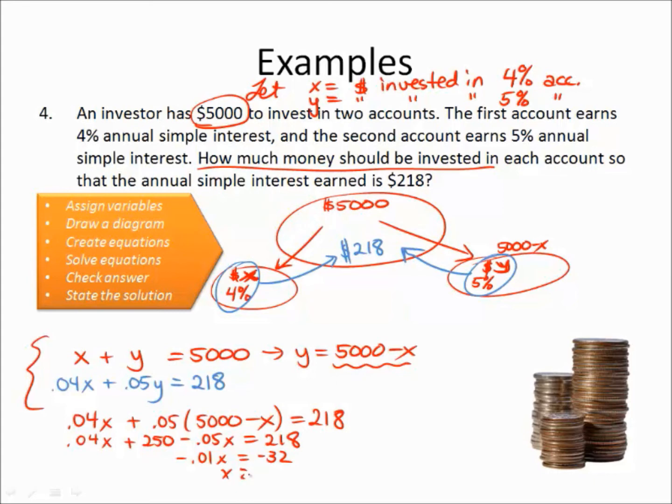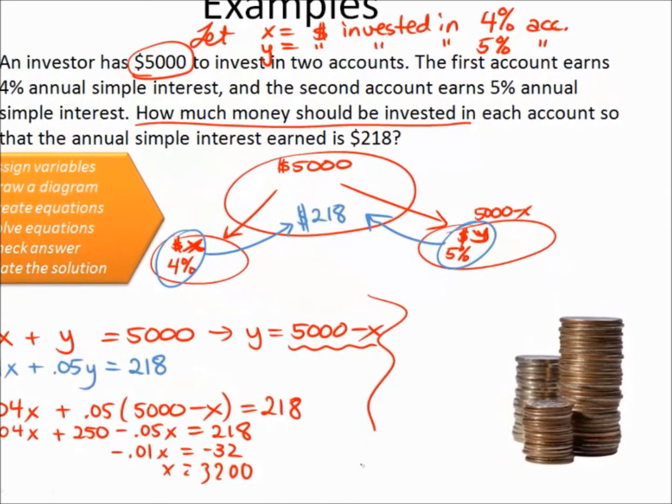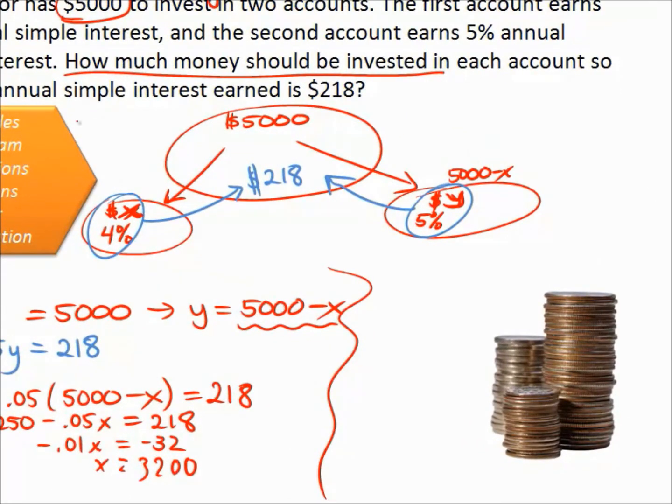That means x is 3,200. Now, what that means is we should have $3,200 in this account. And what's 5,000 minus 3,200? Well, that's 1,800. Now check if that works. 3,200 and 1,800 makes 5 grand.